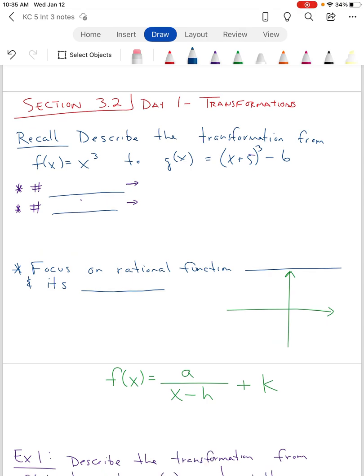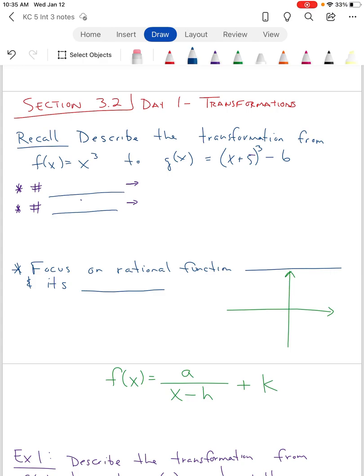Now, recall that we've already done this before. We had cubic and quadratic functions, or functions that are x squared or x to the third, and then we transform them by translating into different directions.